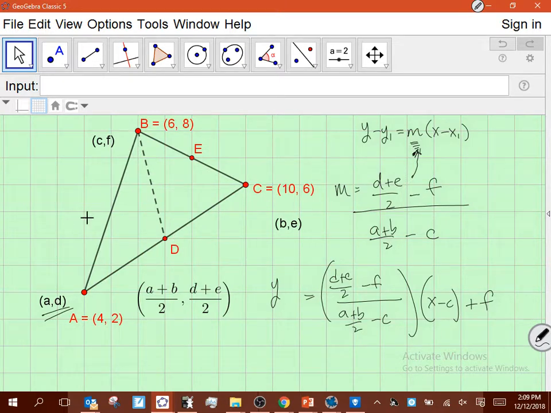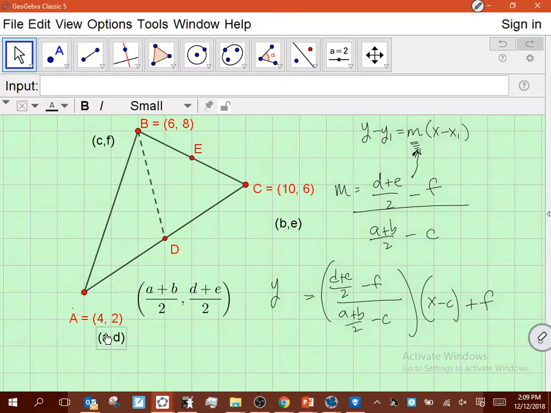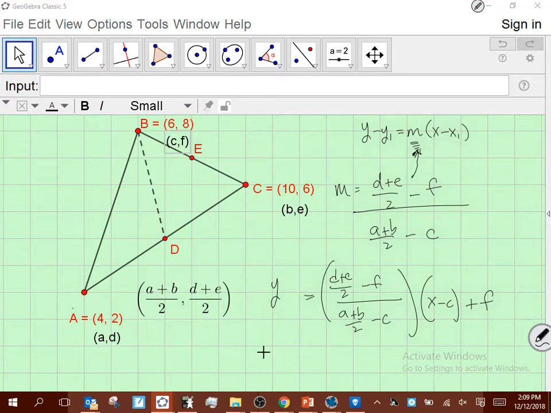All right, so what happens here is with specific values, we see that A is 4, D is 2. Does that make sense? We see over here, B is 10, E is 6, and here, C is 6, F is 8. If I plug in everything, I get Y equals. D plus E: D was 2, E was 6, so I get 8, minus F. F was 8, right?